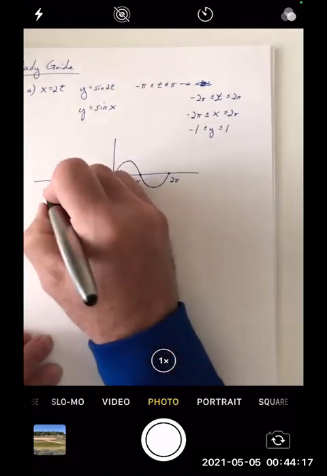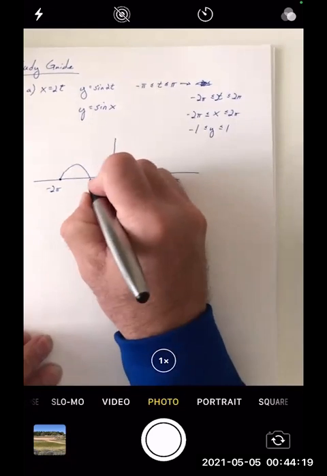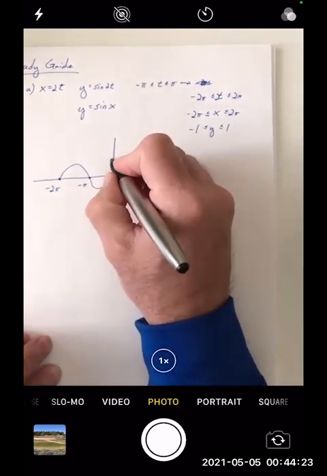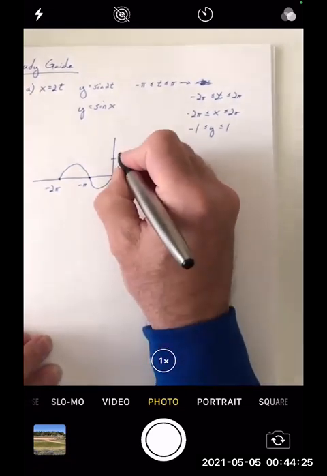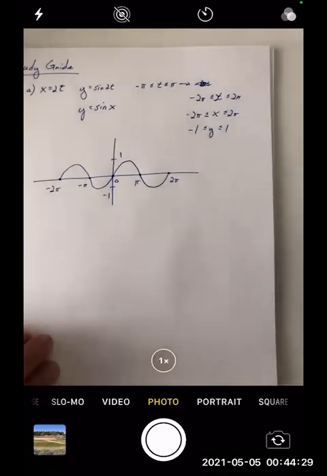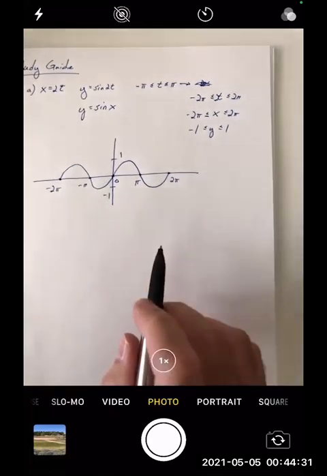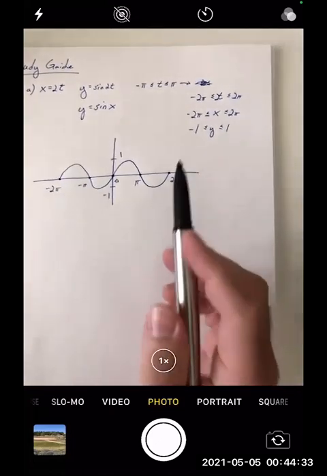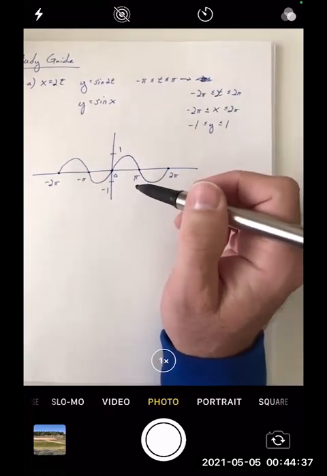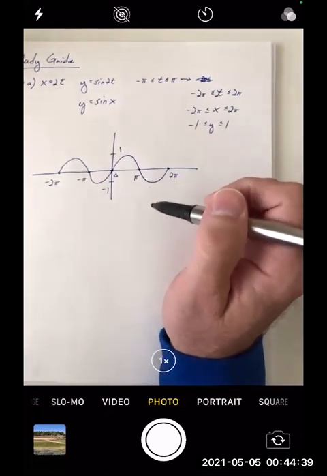Just like that, and label your intercepts. It's bouncing between 1 and negative 1. And there's your curve.